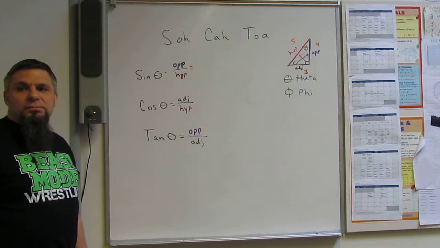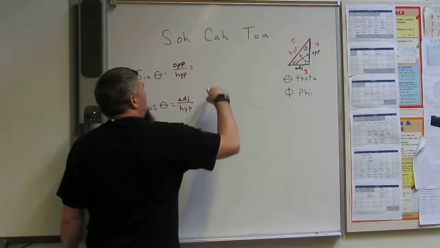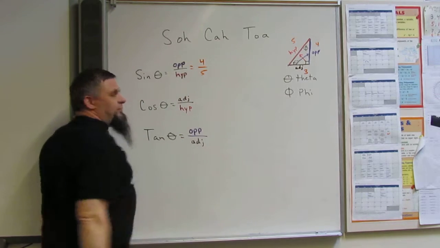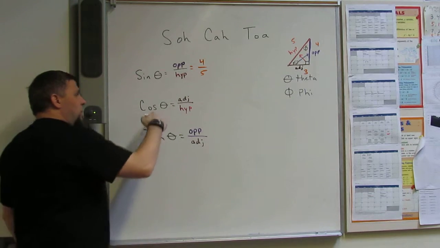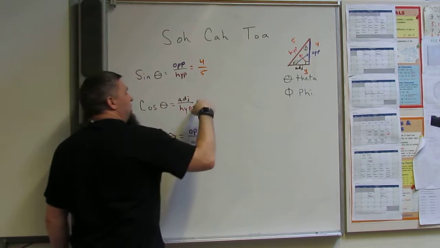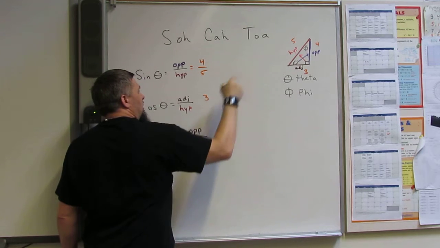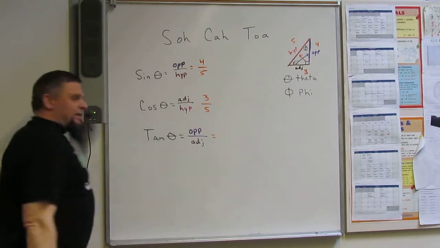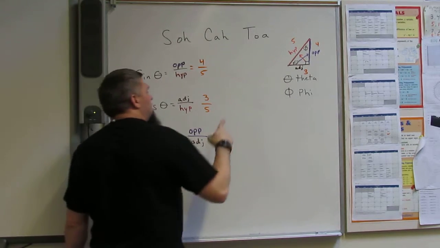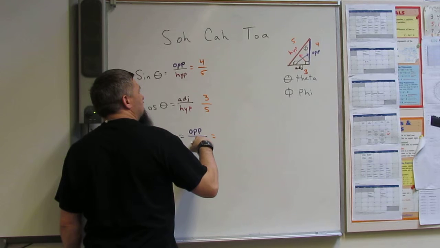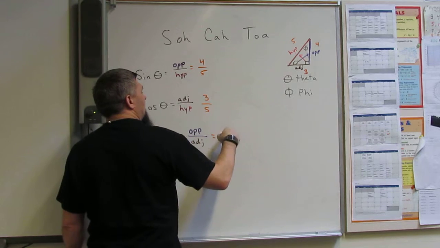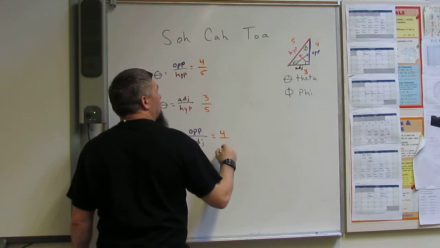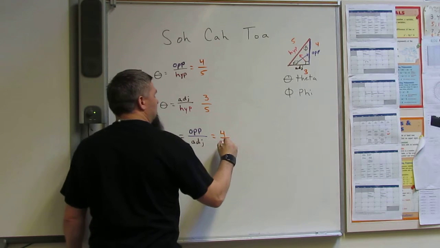Yeah. 4 divided by 5. Cosine is adjacent, 3 divided by 5. Tangent is the opposite, which is 4, divided by the adjacent 3.